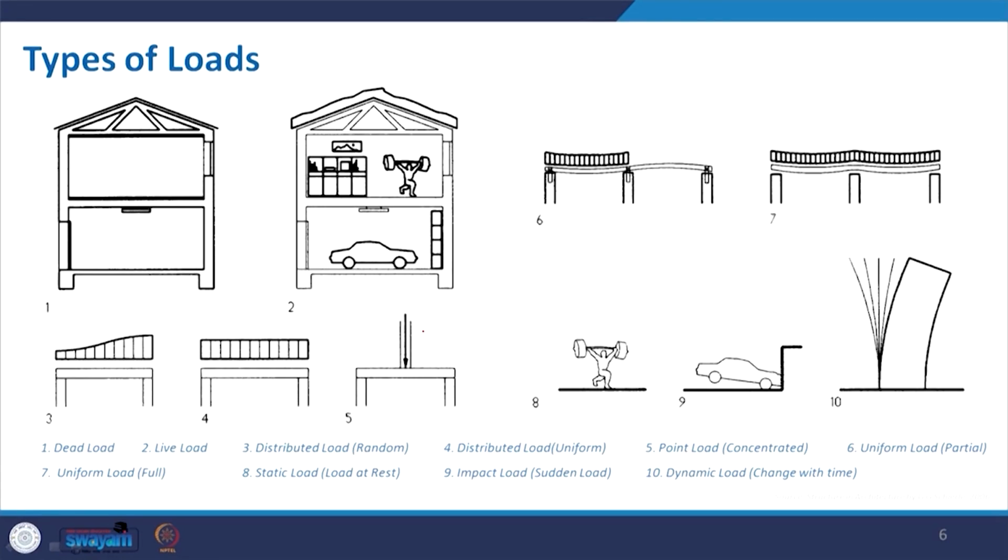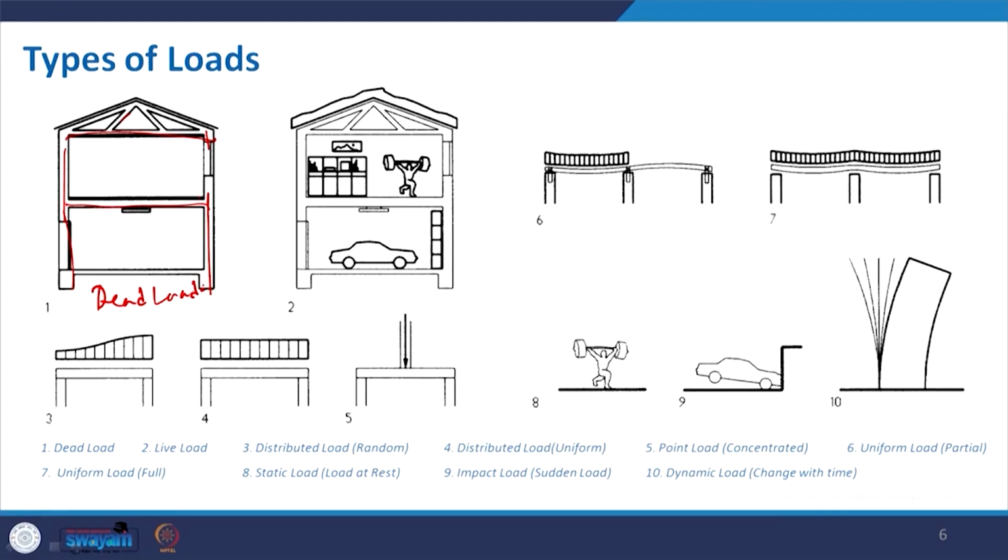In this case, you see all the structural components: the column, wall, beam, roof, truss, etc. They are actually immovable. They will be the same over time as when it was constructed, and now it will be almost the same. That is why it is called dead load. So, this one is your dead load.